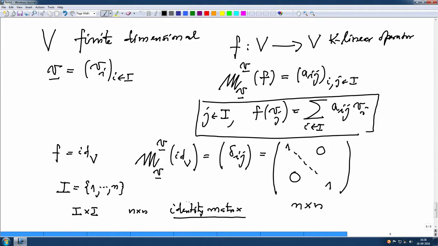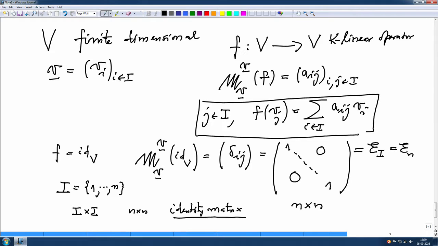The name again comes from the identity map. The standard notation I will use is E_I for the identity matrix, or E_n when I is the standard set 1 to n.